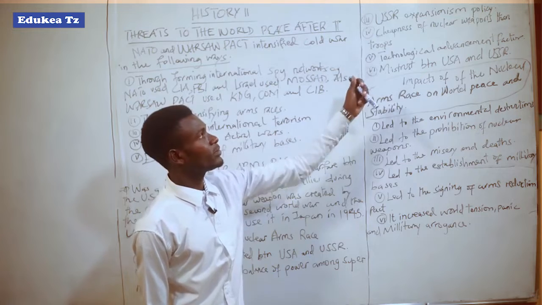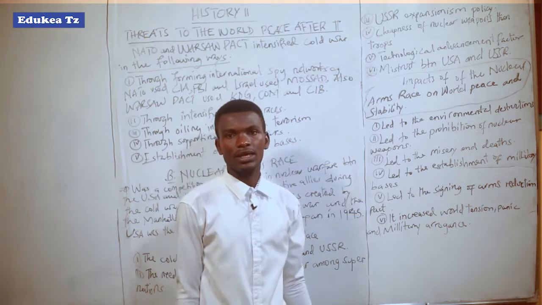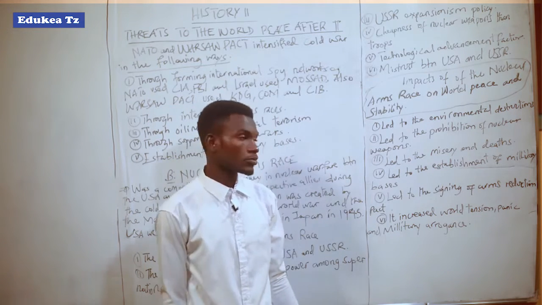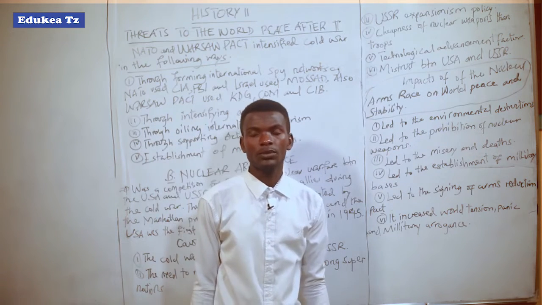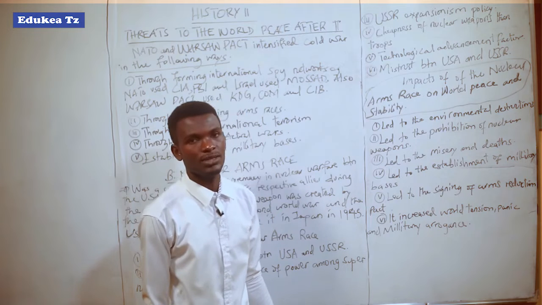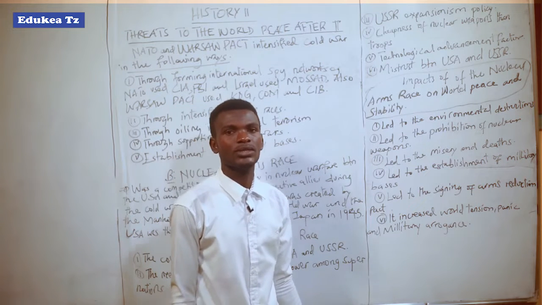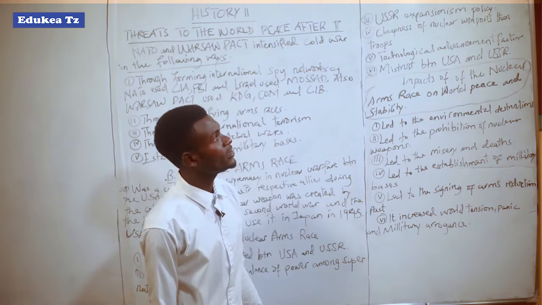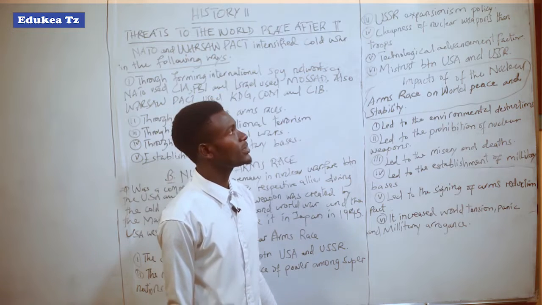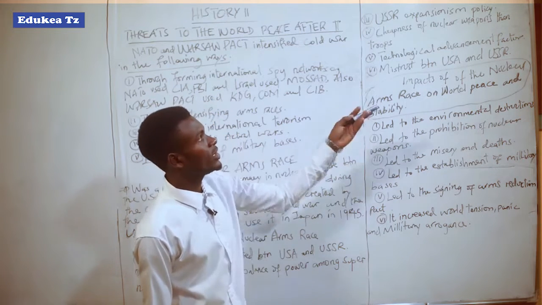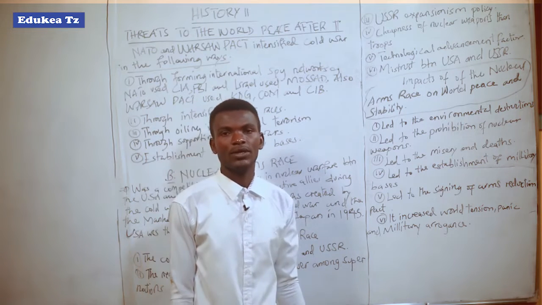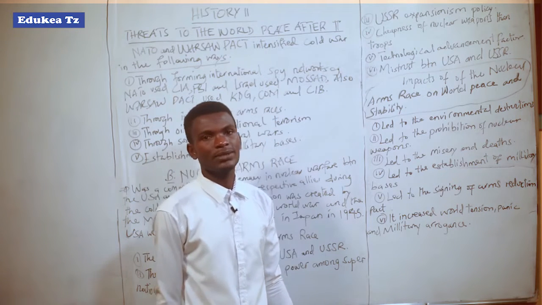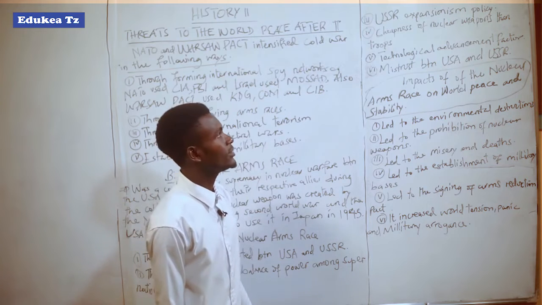That expansionism policy by the USSR angered the USA, which wanted to contain it with the aim of stopping the spread of communism in those countries. So the USA came up with different processes and strategies to contain the USSR's expansion in Central and Eastern European nations.